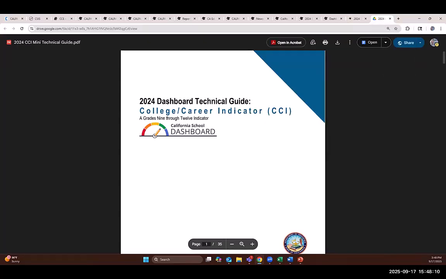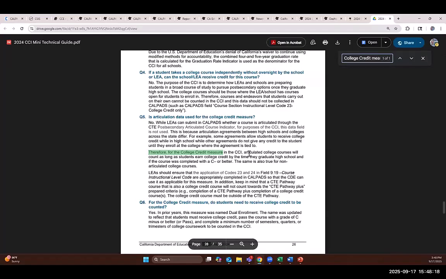Let's see. Do our students get the college credit right away with the articulated courses? Okay, it's in a Q&A. So this is the 2024 dashboard, so maybe the updated guidance will be released in the 2025 dashboard technical guide.